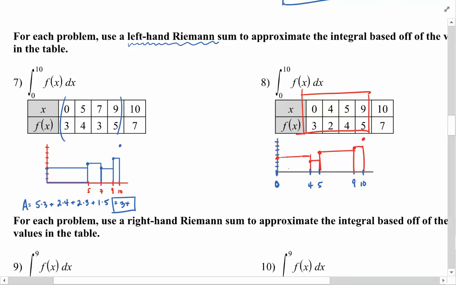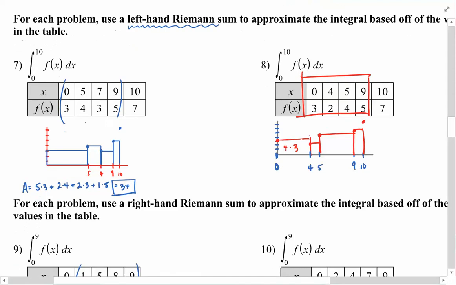And it might be a bit tough to see at first, but what we have here in this first spot is a rectangle that's 4 units wide and 3 tall. In this rectangle we have one that's 1 unit wide and 2 units tall. In this example here, we have again 4 units wide. This time the height is 4.